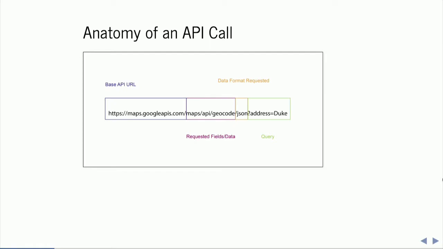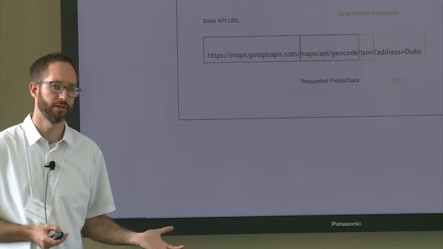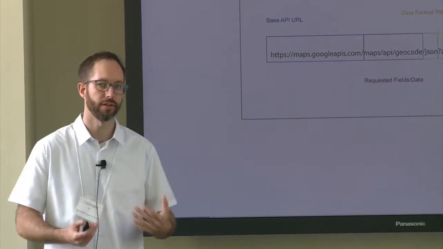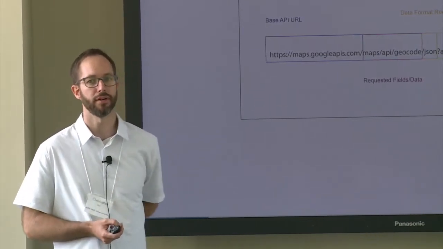And the way we do that is actually pretty simple. We actually construct a URL, and when we put that URL in our browser, we will see returned to us some type of data, very often a data format called JSON, sometimes XML data. And then essentially, you can think of it as then we're going to scrape that data from our browser.